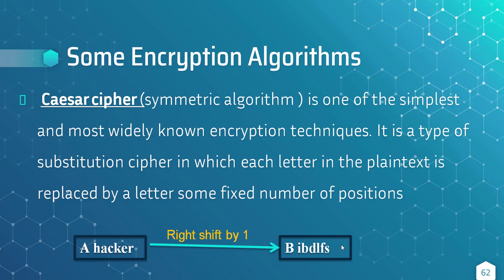I show you how you can reach this cipher text using the Caesar cipher. As we see here, right shift by 1. So I take each character and shift it by 1 to the right. For example, A becomes B, H becomes I.